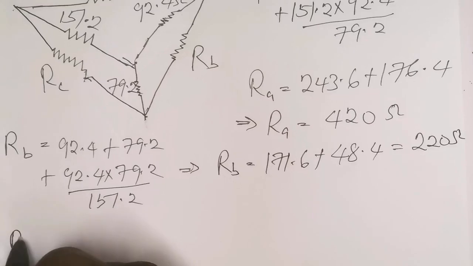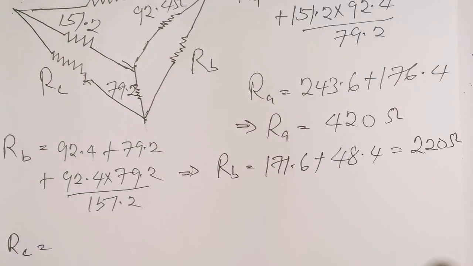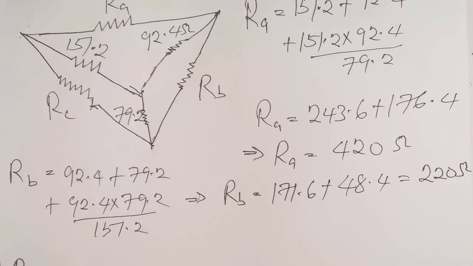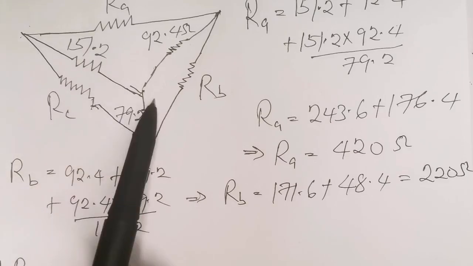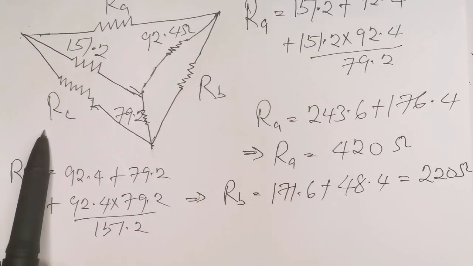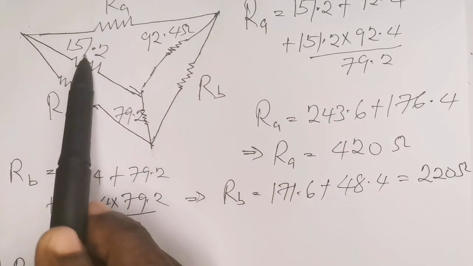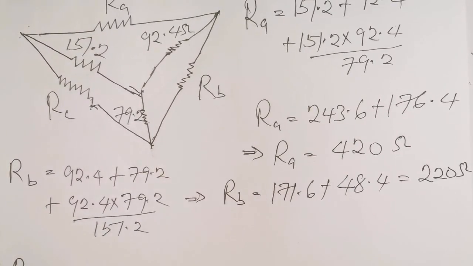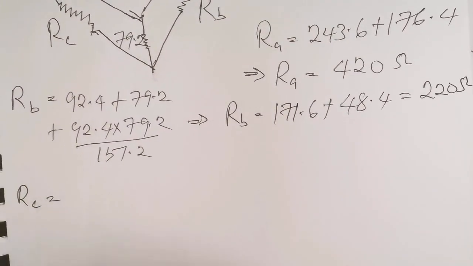So RC is equal to, so once more, let's take a look at the diagram. So this and this make a complete triangle with RC. So we find the sum of these two, 151.2 plus 79.2.